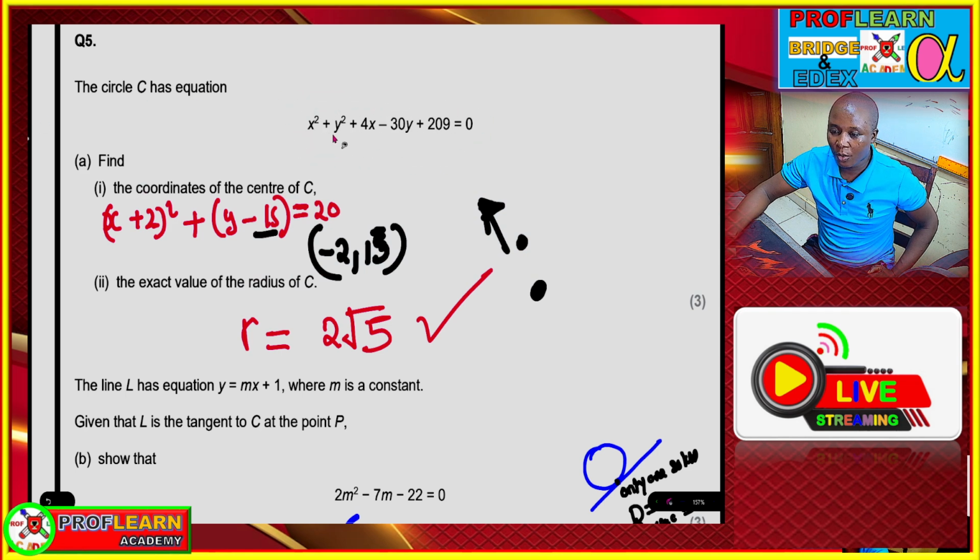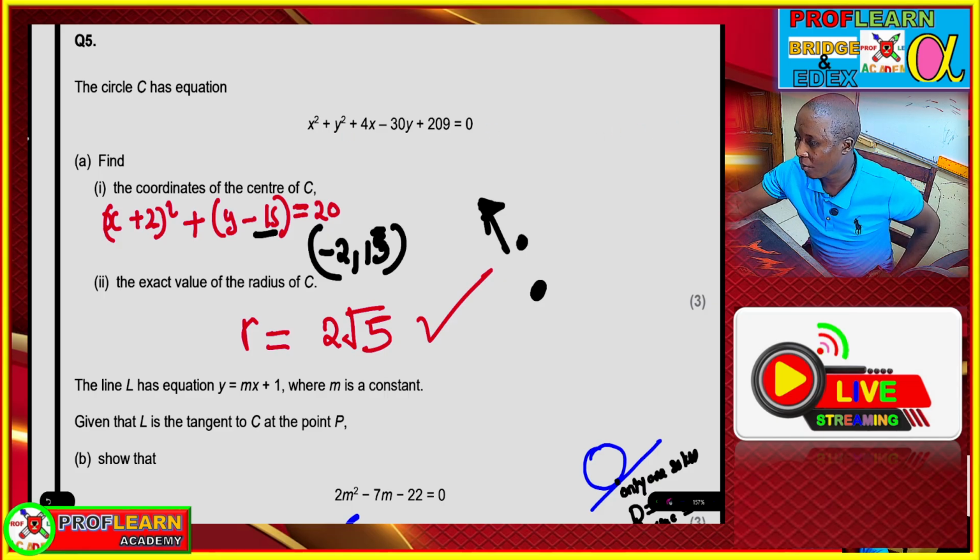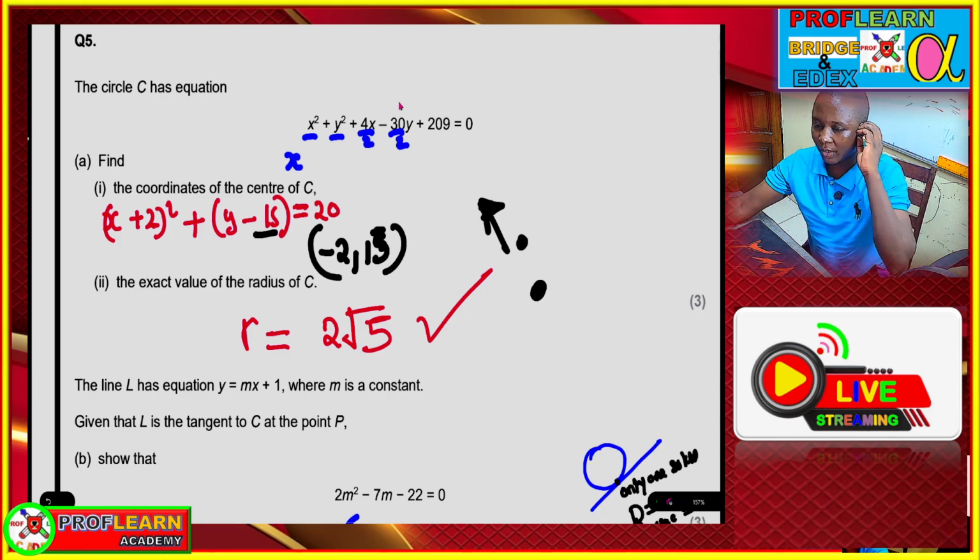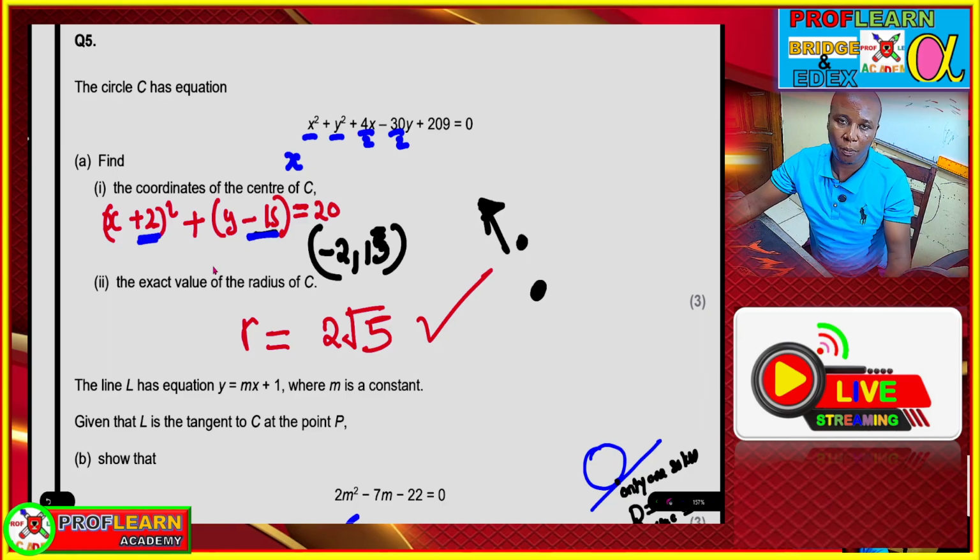So here they were given an equation of a circle, and they were told to find the coordinates of the center and the radius. Of course, this equation can be written in the form x, you divide this by 2 when you are completing the square, so that you can express it in a way that you can pick the coordinates of the center and the radius.